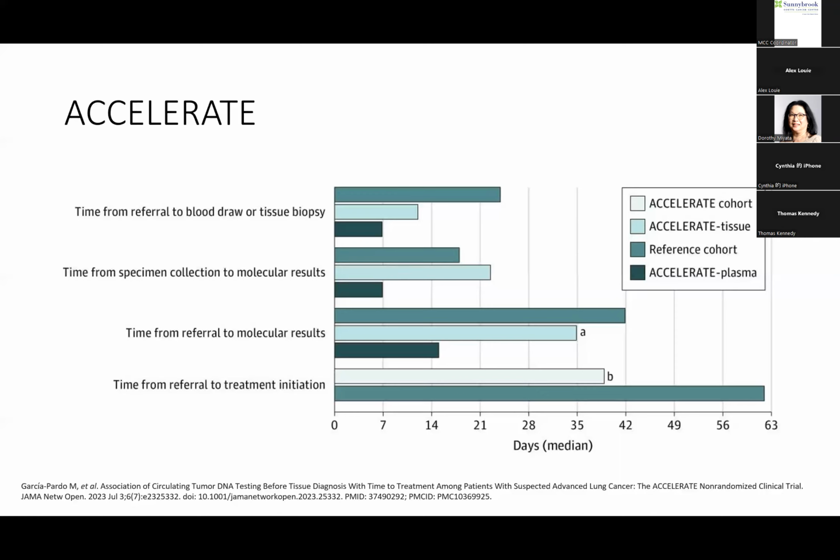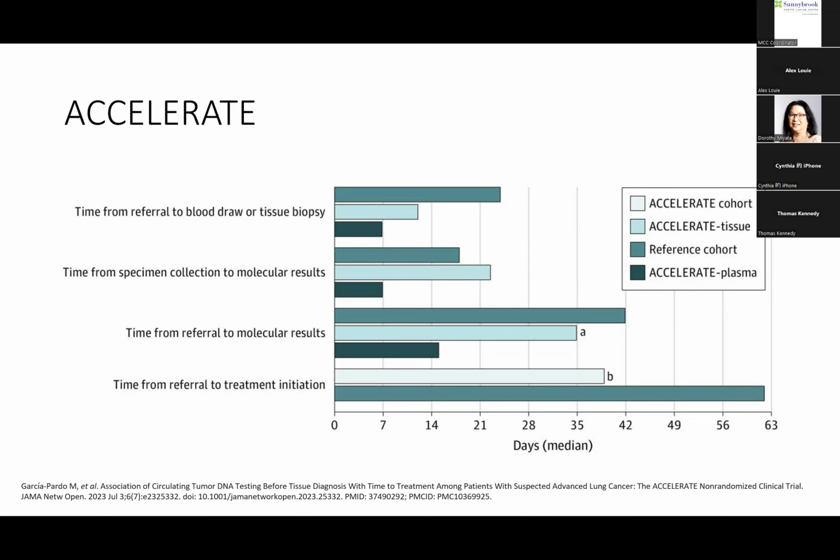In that cohort, it was 33 days versus 61 days in the reference cohort. And in a subgroup of the Accelerate cohort, in which treatment was initiated on the basis of ctDNA findings prior to traditional genotyping of the biopsy sample being available, the time to treatment initiation was even shorter.